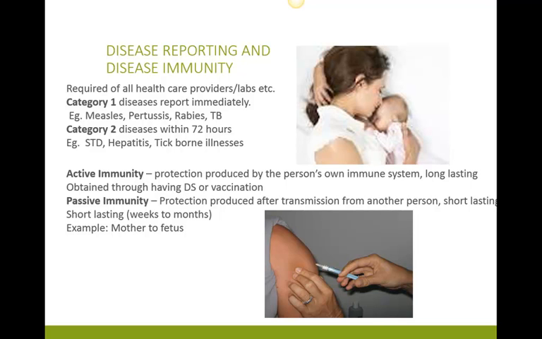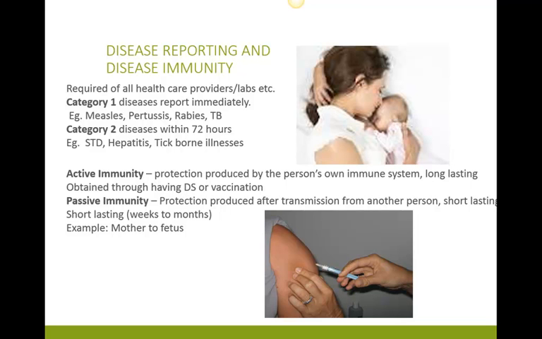So they divide communicable diseases into 2 separate categories, and basically category 1 are the worst cases or the most communicable cases, and category 2 are not as dangerous, or not as likely to cause long-term problems.